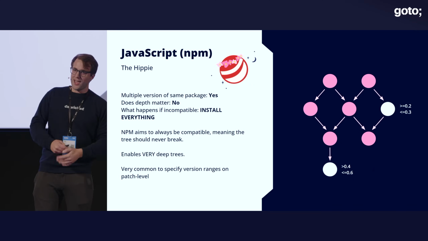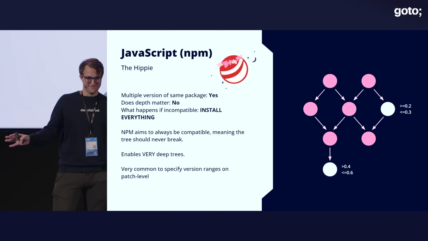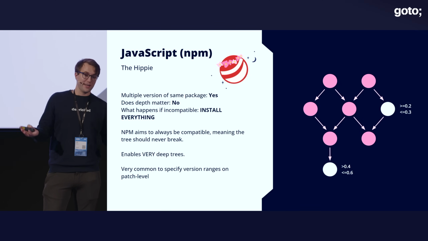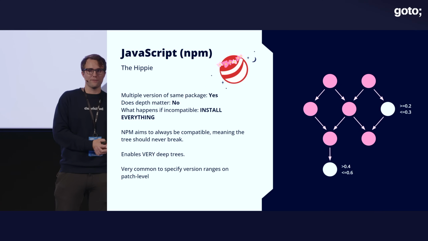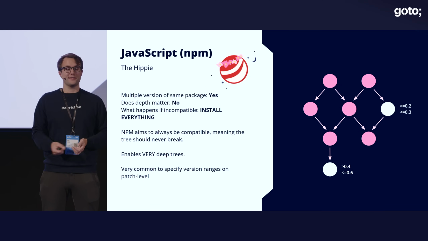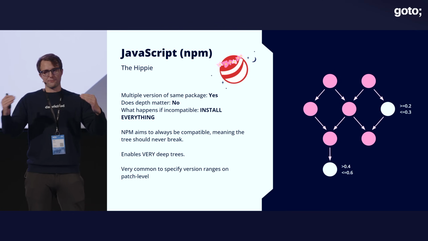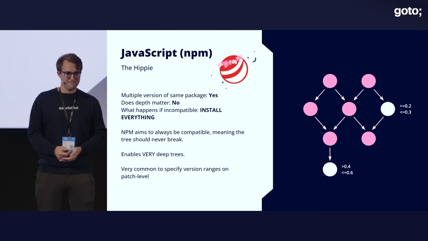Then we come to NPM, the hippie at the party. Everything is okay here. Everything goes. And depth does not matter here either. And you can have multiple versions of the same dependency that you're looking for. And it just installs everything. Even when there are no overlapping version ranges down the dependency tree, just install everything.